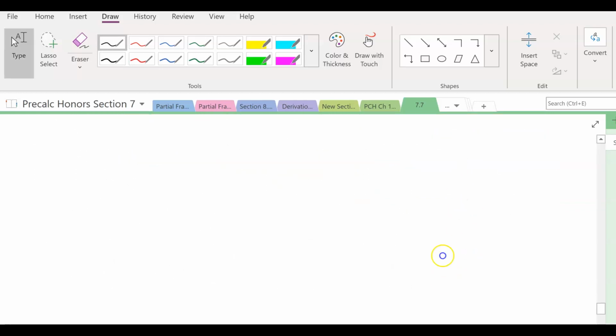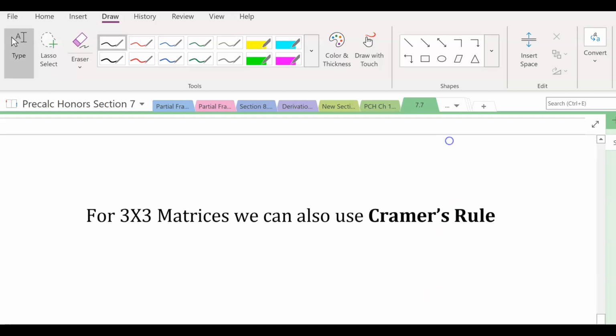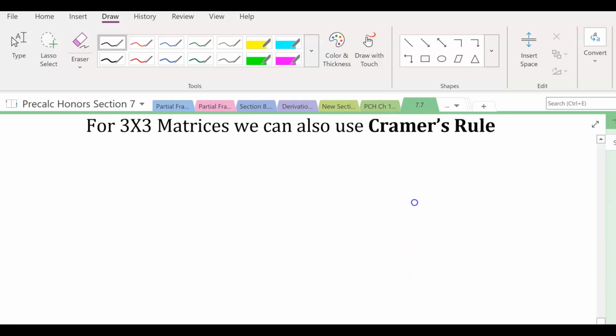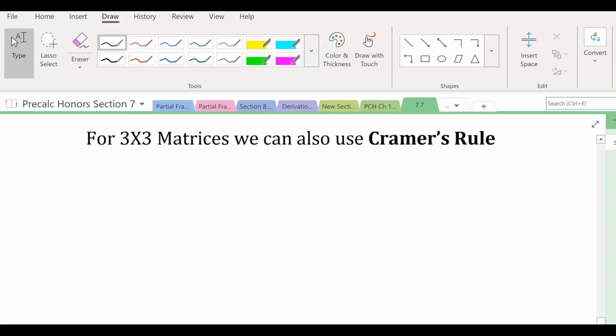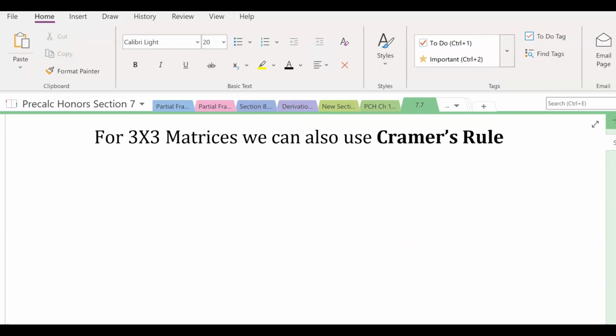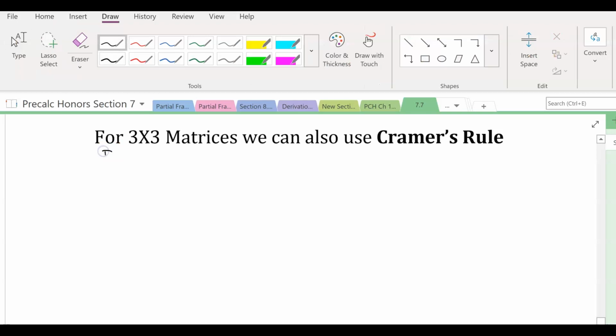All right, so next, for a 3 by 3 matrix, we can also use what's called Cramer's rule. So let's rewrite our matrix from example 2.